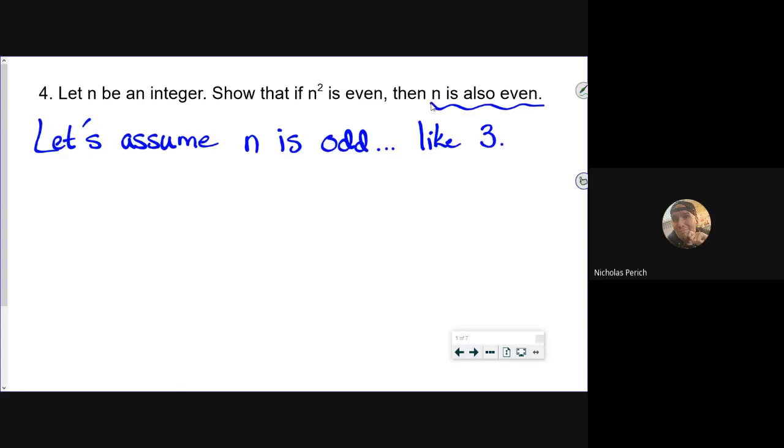So if I take 3, what am I going to do to 3 to show that it is not even, to show that it is odd? What's the main thing that I'm supposed to do in this problem with my number? Square it. Good.